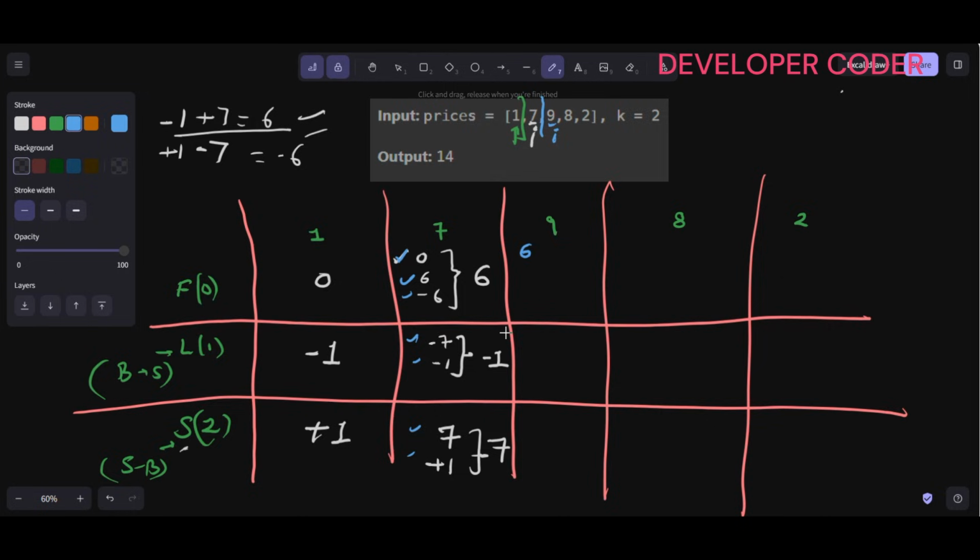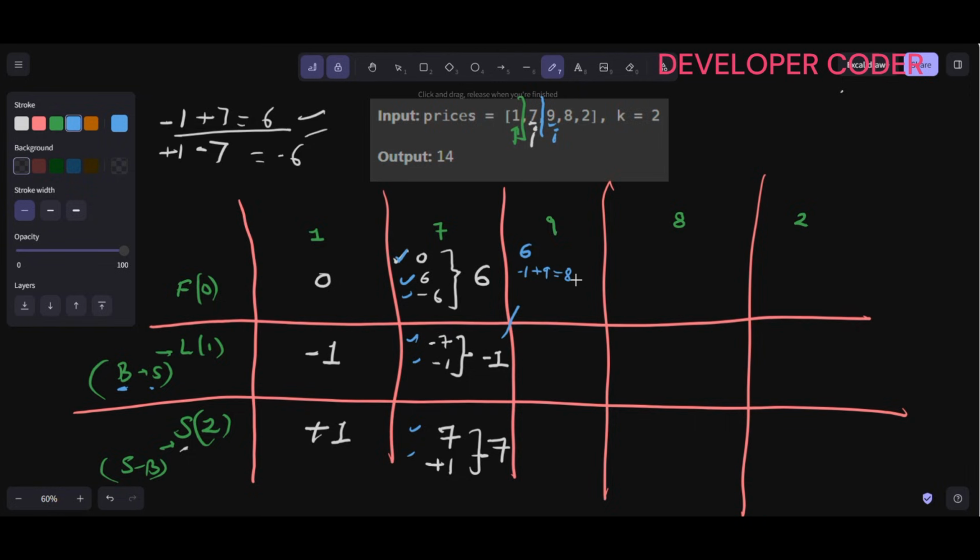From long I can move to the flat state if I sell, because long is nothing but buy to sell. So if I sell it at 9, -1, sell at 9. Sell means earning the money. -1 plus 9, so I'm getting 8.